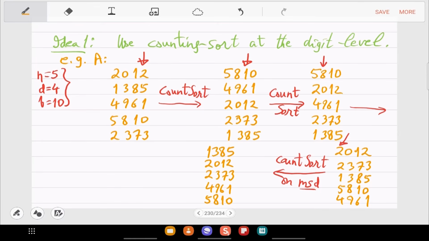You don't unnecessarily want to swap them. So 5810 you want above 2012. And only when there is a need, like when you have 80, then you flip it, you exchange them.